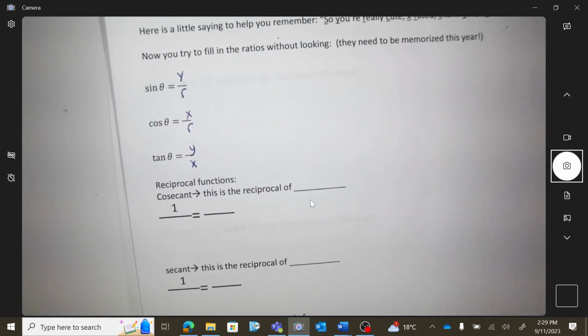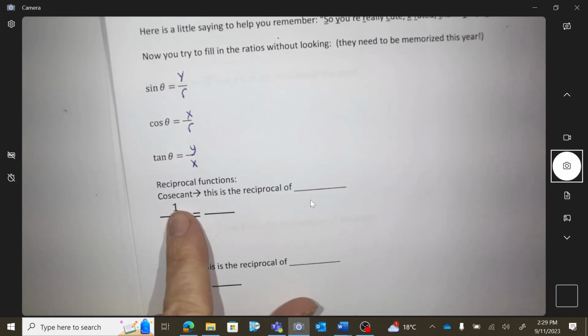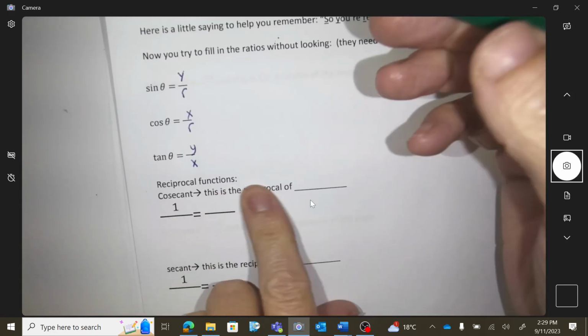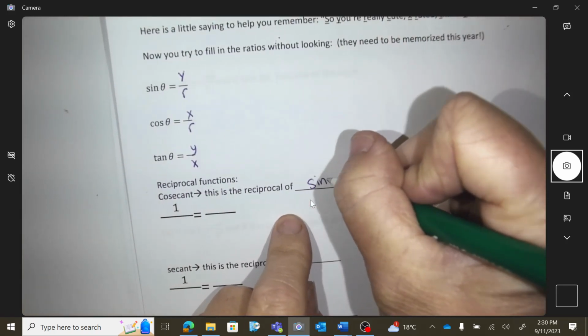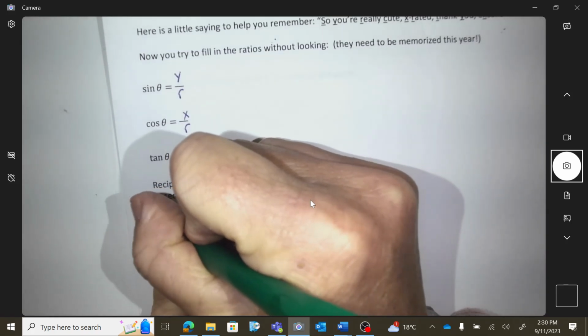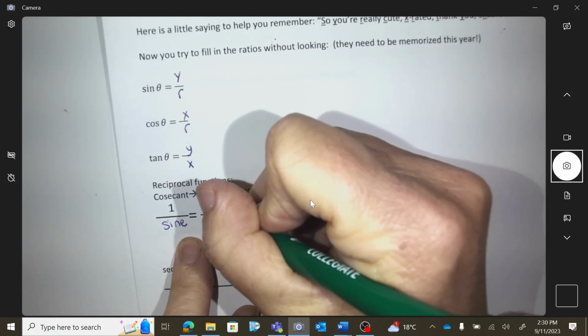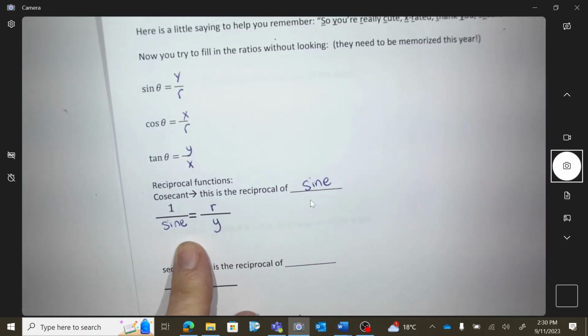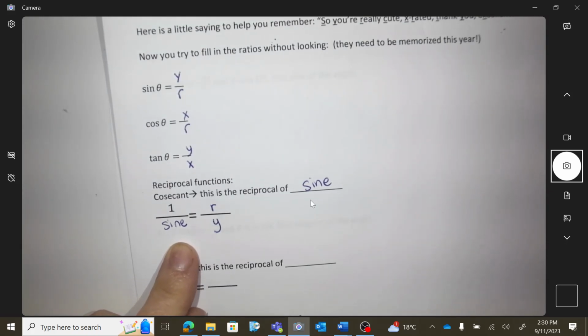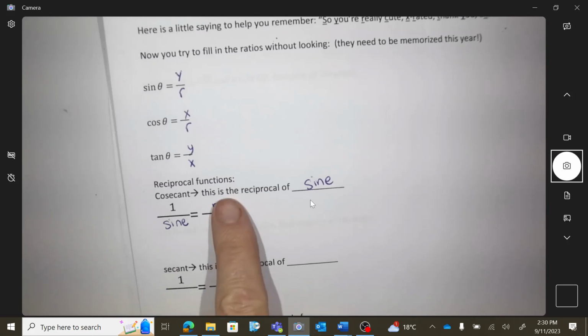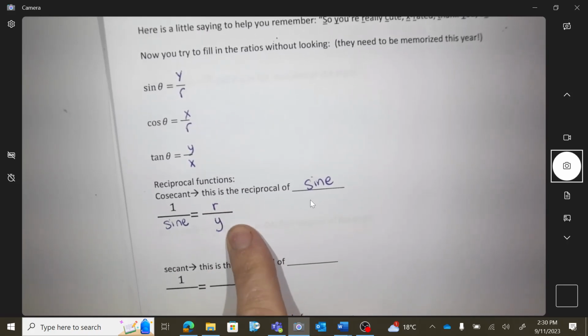So in grade 12, we're going to add 3 more trig functions. And these trig functions you've never heard of. These trig functions are not on your calculator. So cosecant is a new one. It's the reciprocal of sine. So if I flip the sine around, the ratio would be r over y.